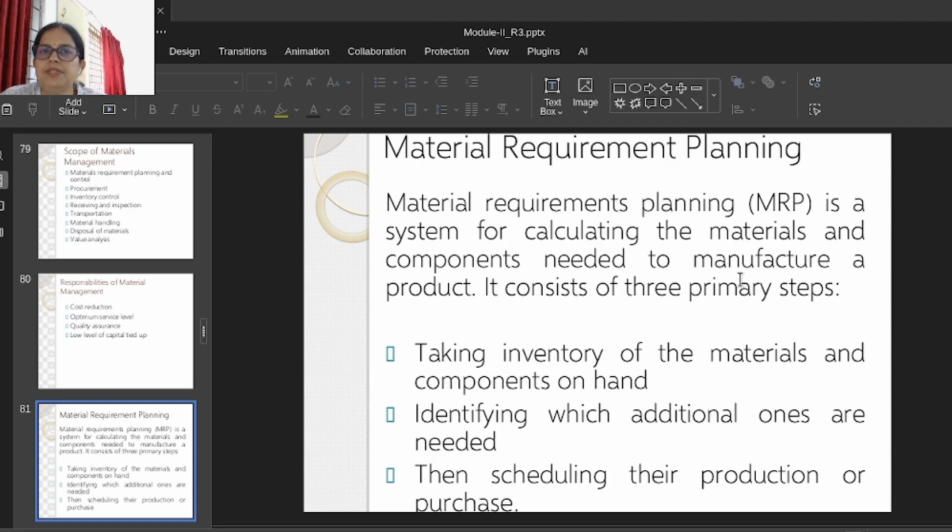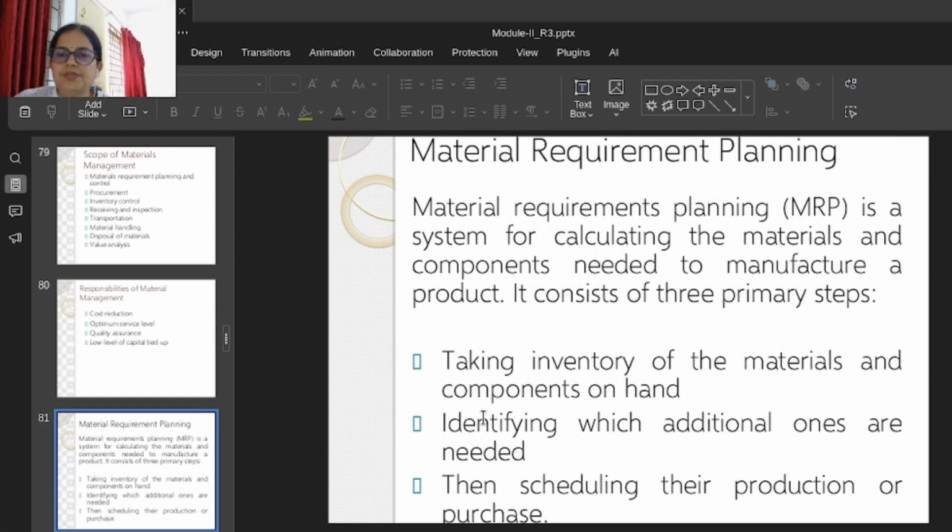It consists of three primary steps. First step is taking inventory of the materials and components on hand. We have to check the inventory level, that is, what we have in our stock. First we need to check the inventory of the materials or components we have in our stock or store.